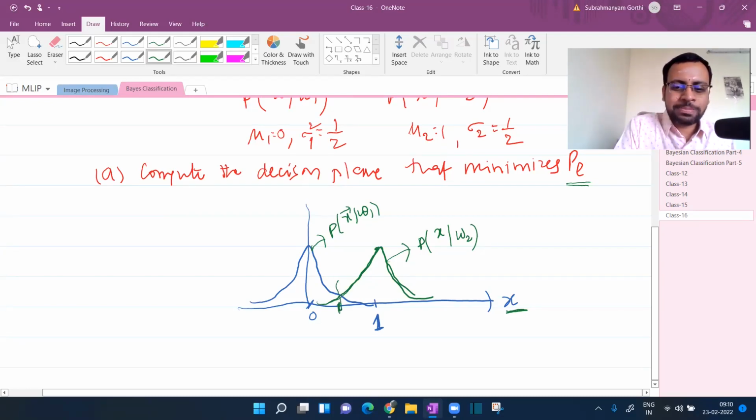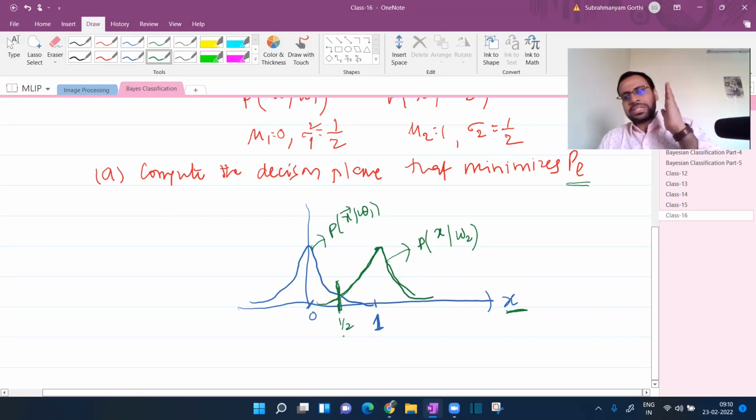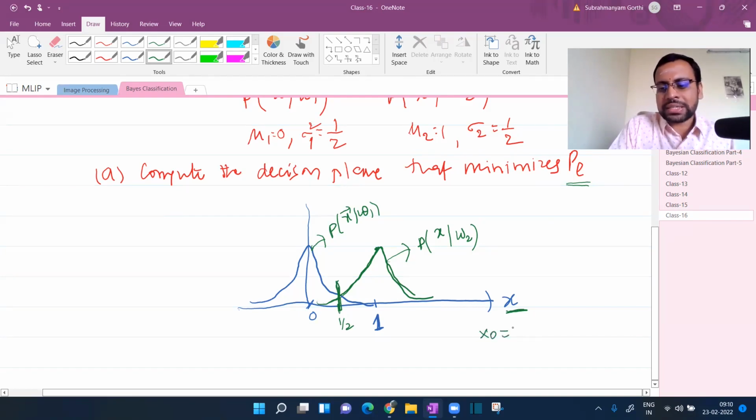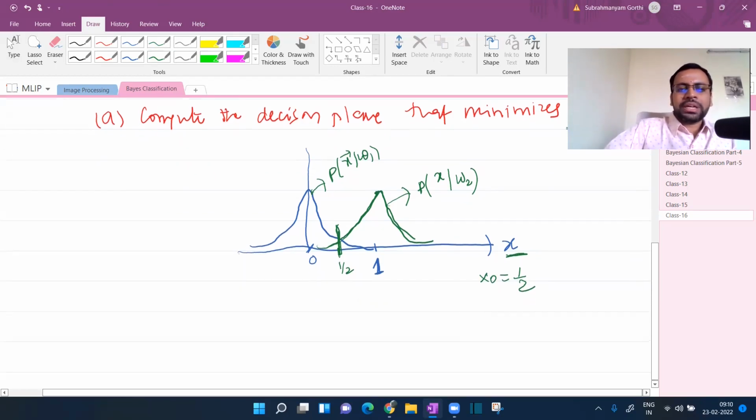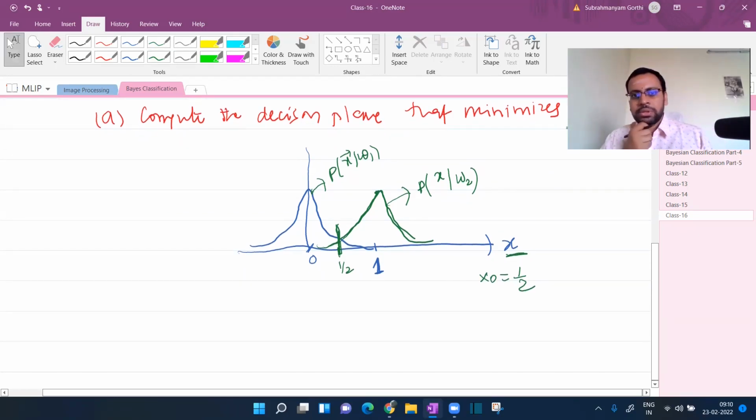So the intersection point will give you the decision plane, which would tell you your x naught, if you call it x naught, that is equal to 1 by 2 here. But how do you compute that in practice? Where will you be having that line? How do you know that?